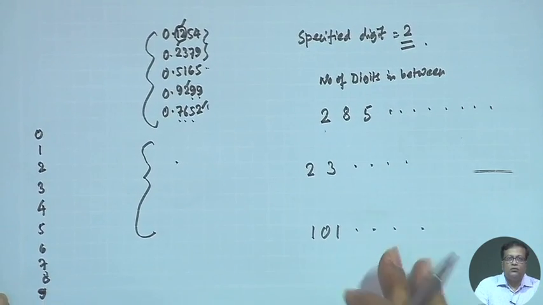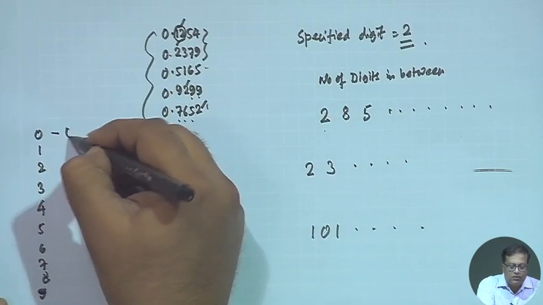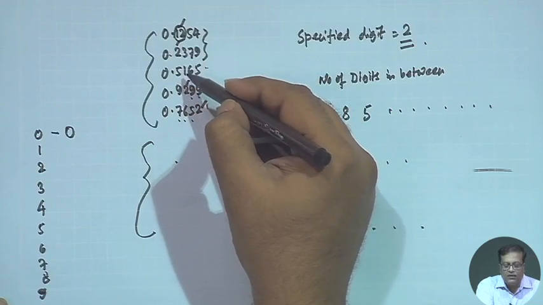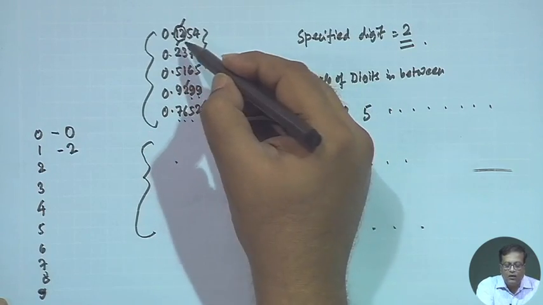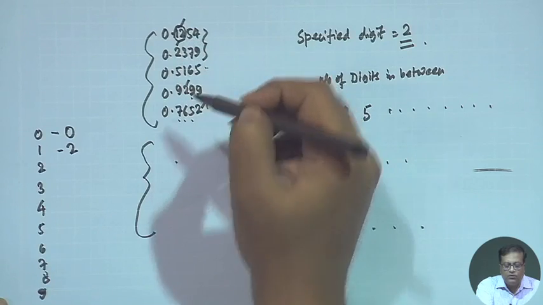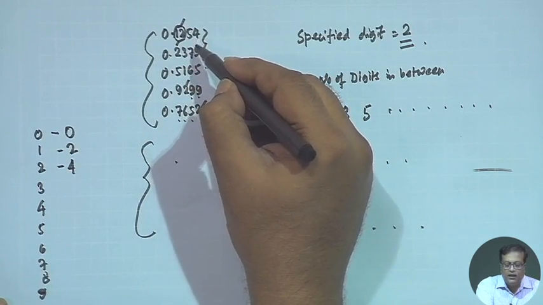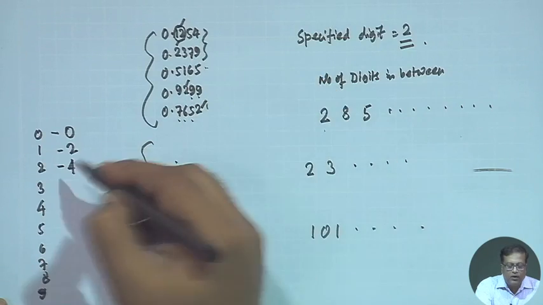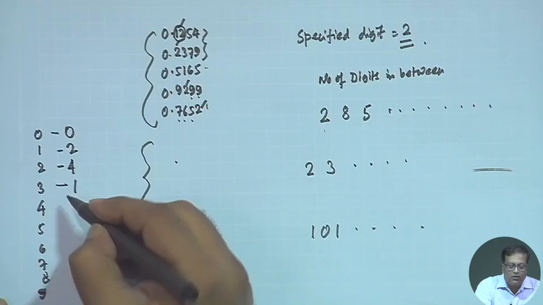You can see that out of all these numbers, 0 is not there, 0 times, 1 has come 2 times, 2 has come 4 times, right, and then 3 has come 1 time, 4 has come again 1 time.